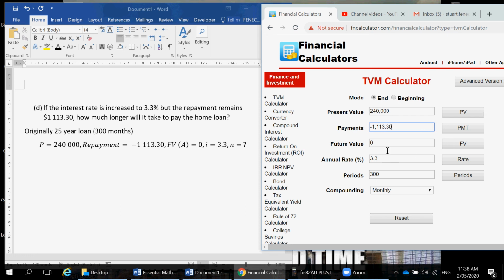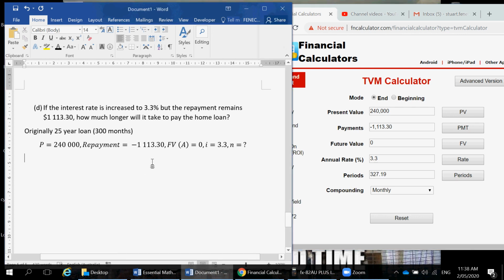The repayments are 1,133.0. We want to know when it's all paid, so when the future value is zero. The interest rate's 3.3. We're still working in months. We want to know how many months it's going to take to pay. And it's telling us it will take 327.19 months to pay. Now, given that originally it was 300 months, so an additional 27.19 months to pay the home loan.